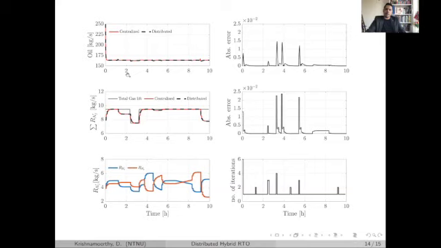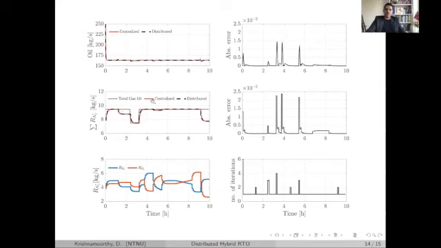And because we're using a distributed hybrid RTO framework, we don't have to wait for the process to reach steady state. And this means that we're able to optimize the process also during the transients by updating the models using transient measurements. In this plot, we show the total gas lift that is used by the different companies.